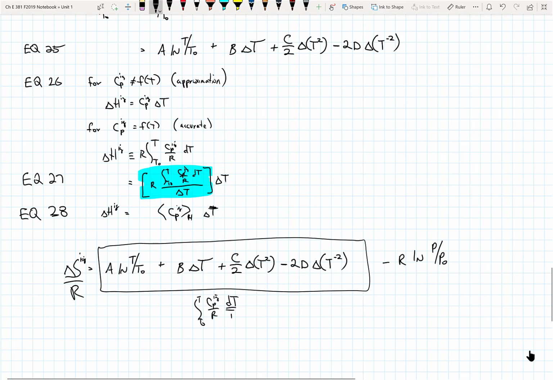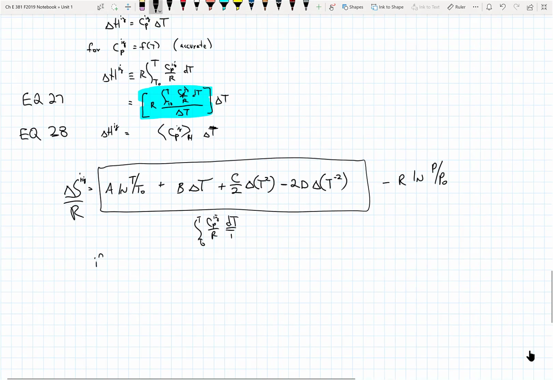All right, so if we had a heat capacity that was not temperature dependent, then this whole thing would reduce to delta S^IG over R equals C_P^IG over R times the natural logarithm of T over T naught minus the natural log of the pressure ratio.